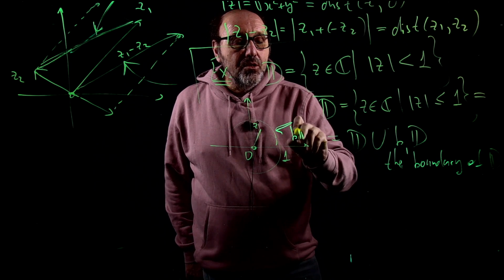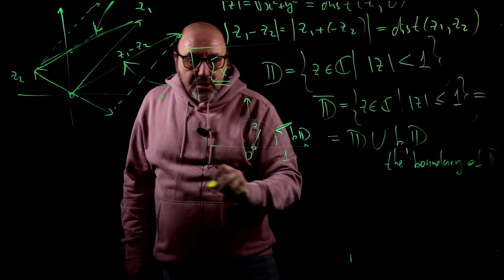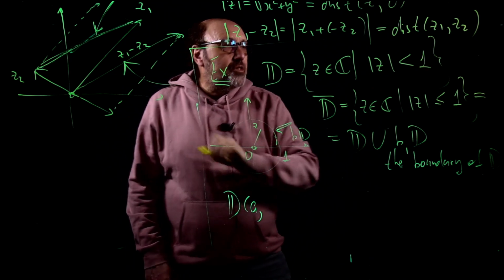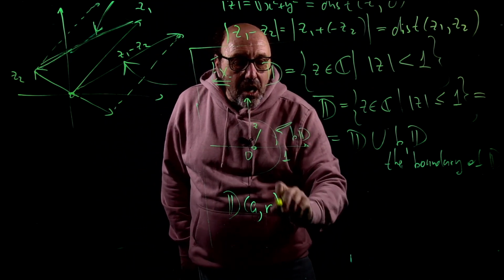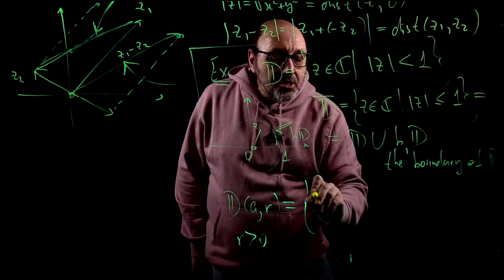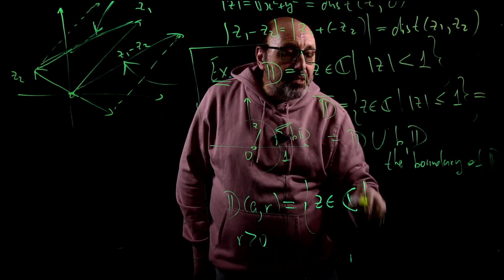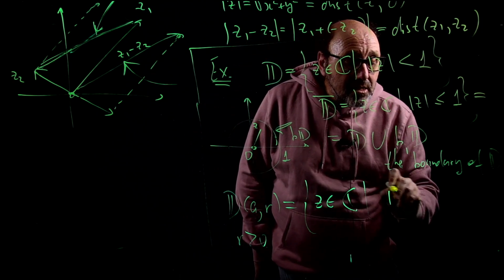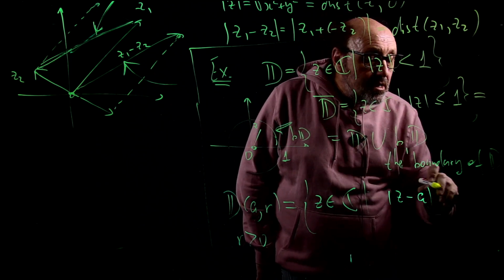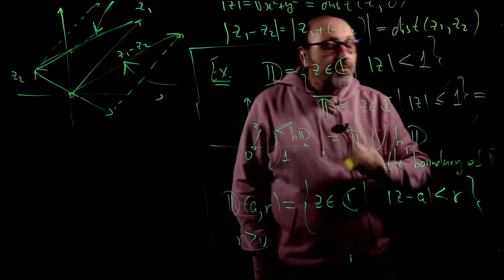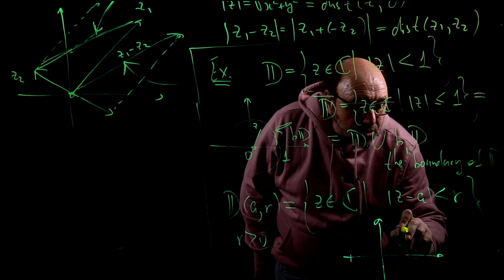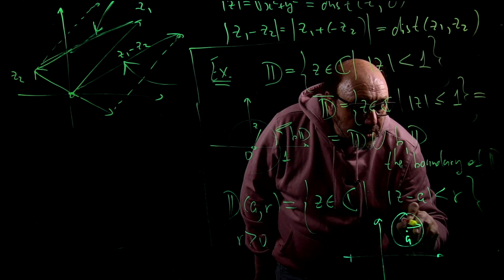More generally, we will consider the disks centered at point A and of radius r, where r is positive. This is the set of points z of the complex plane satisfying this condition: the distance from z to A is smaller than r, right? So this is the disk centered at point A and of radius r.